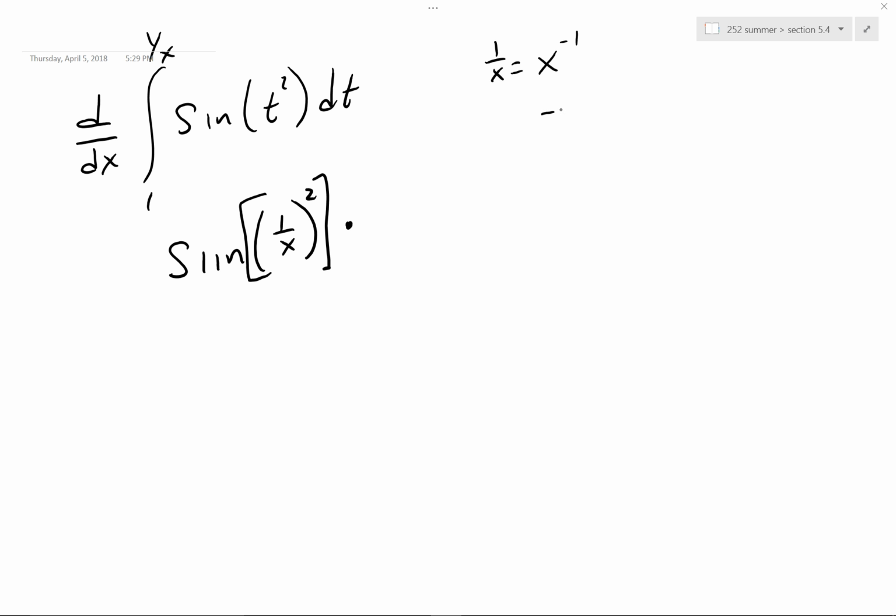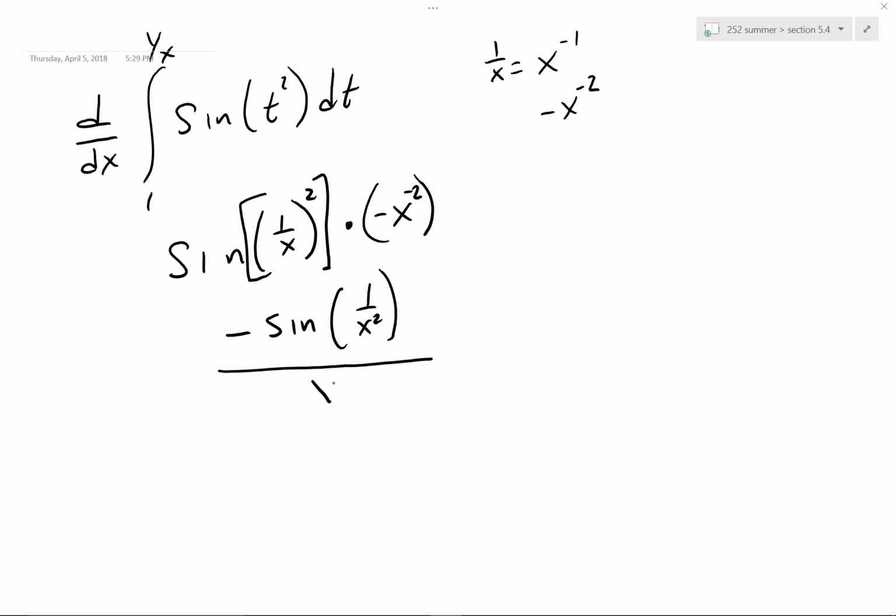And the derivative of that is negative x to the negative 2. So I need to keep the chain rule in mind. So my final answer should be something that looks like this. Negative sine of, and I could write as 1 over x squared inside there if I wanted to, over x squared. Okay?